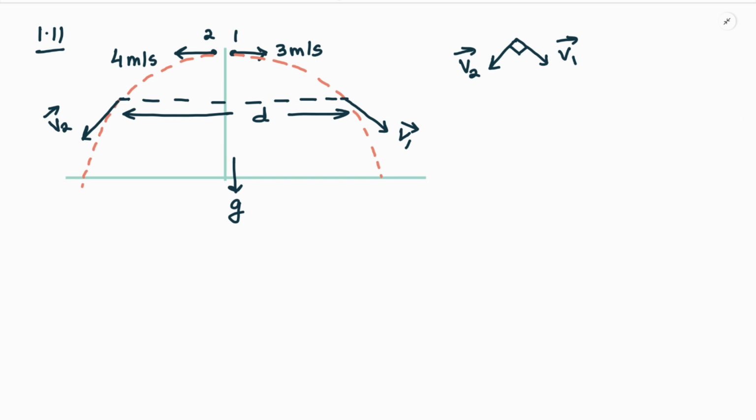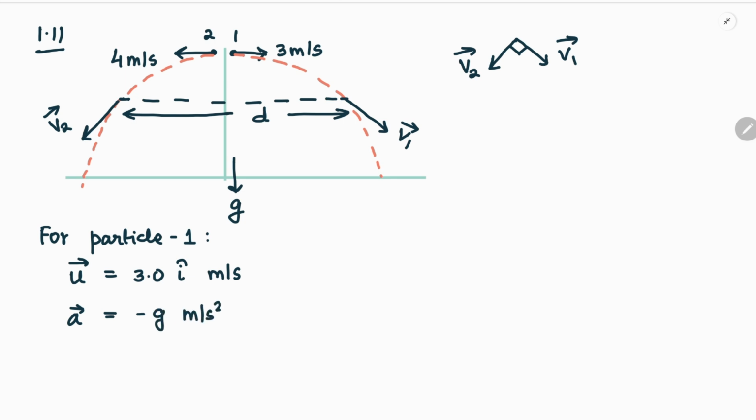So for particle 1, the initial velocity vector is equal to 3 i cap meter per second, the acceleration is equal to minus g j cap meter per second square, so it is in the j cap direction, and at an instant of time t, v1 vector is equal to 3 i cap minus gt j cap.